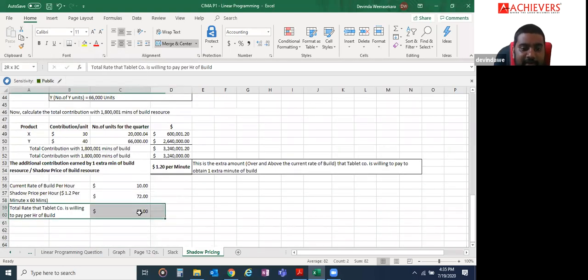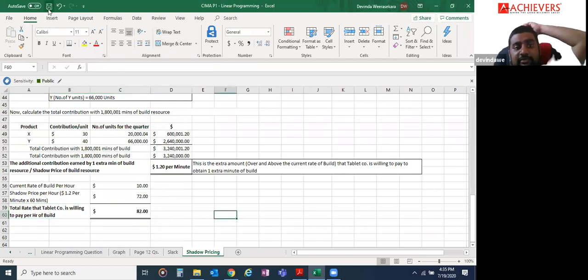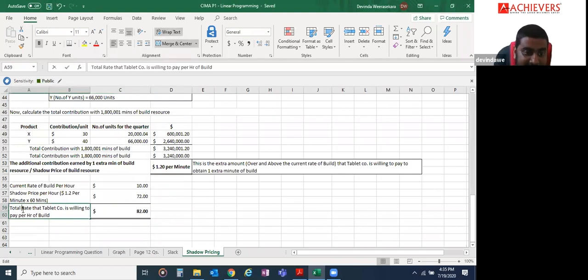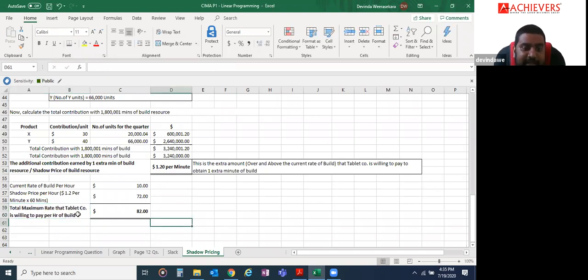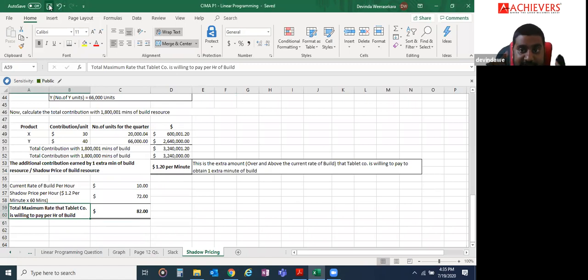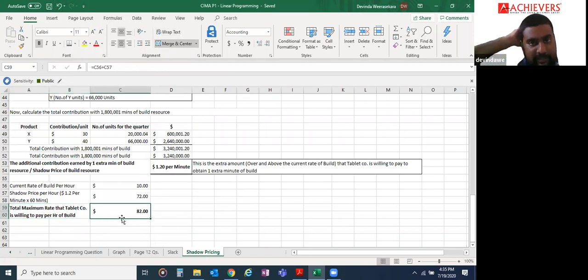So now you are willing to pay a maximum. Make it very clear, total maximum. Shadow price is always the maximum, okay? So the maximum rate you are willing to pay is $82 per hour, right?